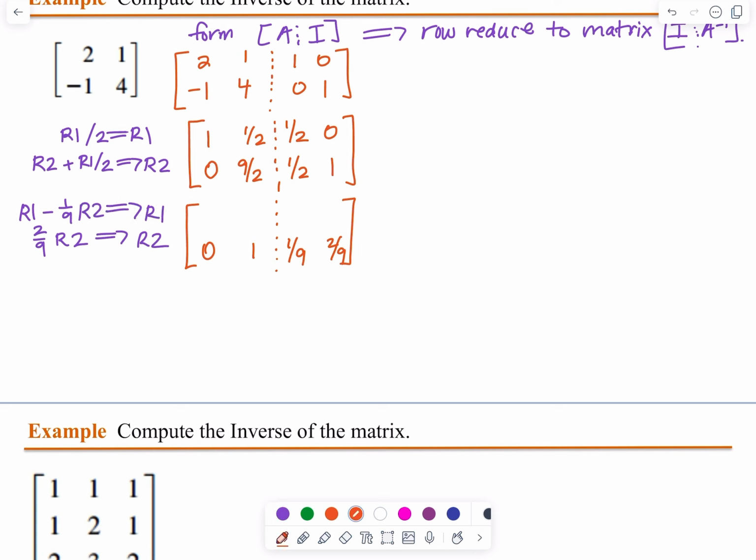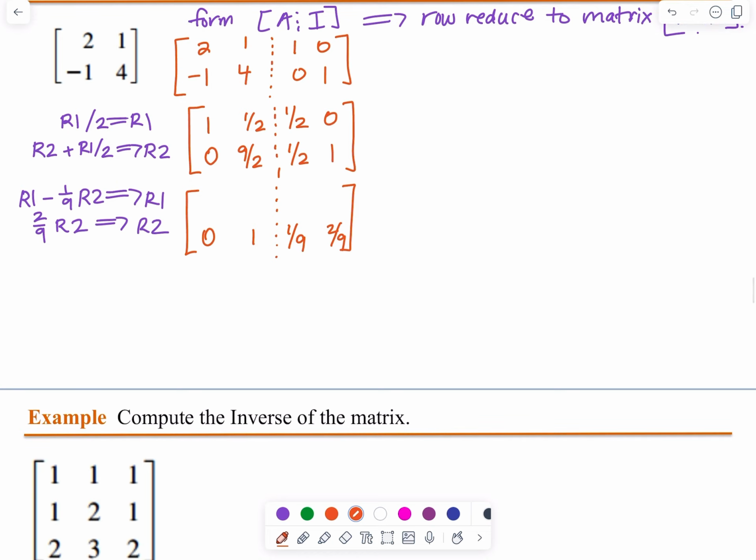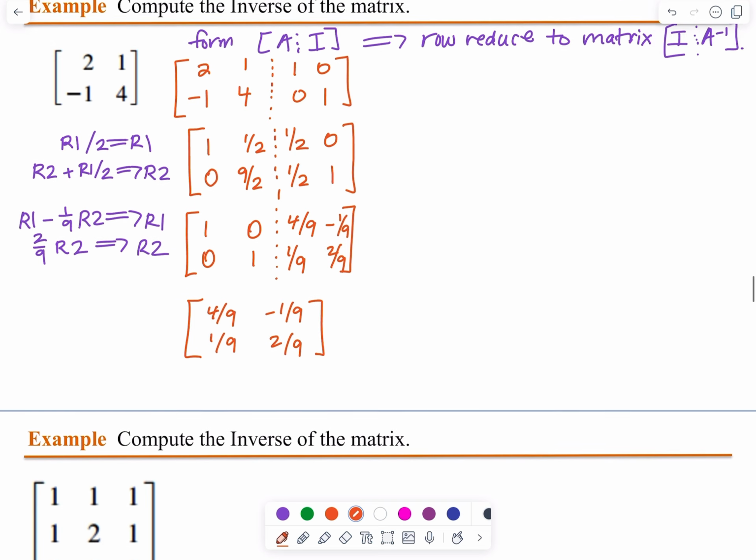So now we'll have 1, 0, 4/9 and negative 1/9. So our answer is 4/9, 1/9, negative 1/9, 2/9. So this is the inverse of matrix A.